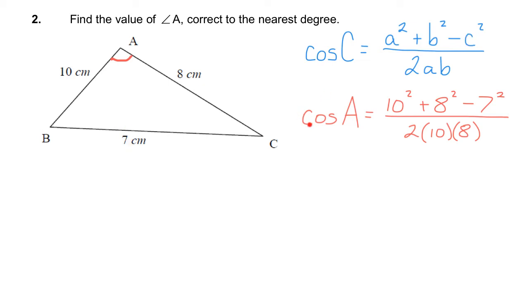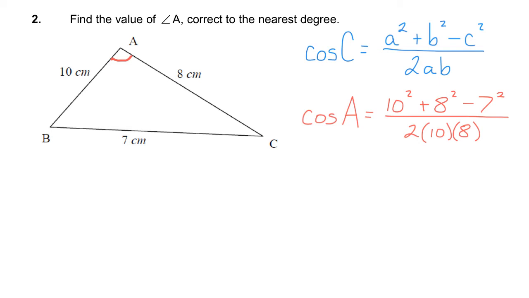Okay, so you've reached this point. You've plugged in your numbers. This is a fraction. Sometimes people have trouble when they're typing this fraction into their calculator. They try to just type in 10 squared plus 8 squared minus 7 squared divided by 2 times 10 times 8. If you do that and you don't use brackets around the top, you're going to run into some trouble.